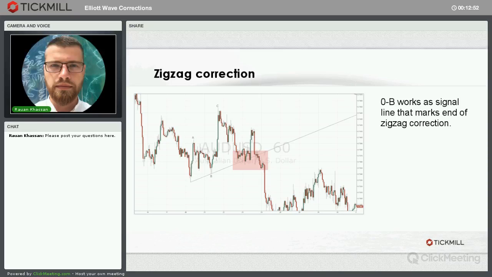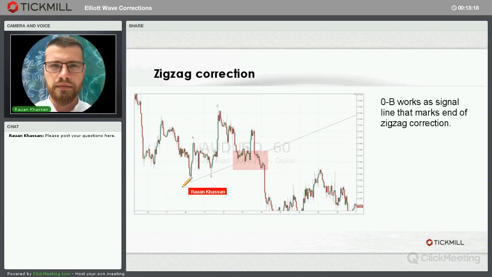Now, when you know how zigzags look and what the similarities between the structures are, another important moment is understanding how it actually works for your trading. The main signal line for zigzag correction is called 0B.